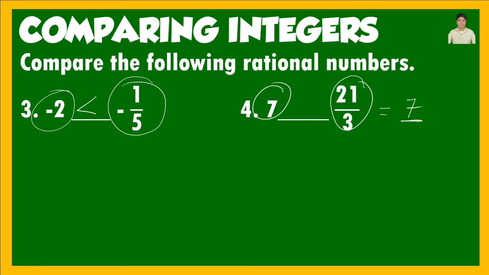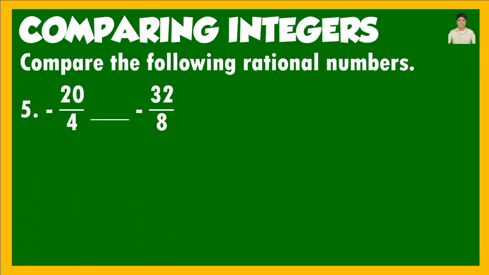So, saktong 7 pong sagot. I-rewrite natin ngayon 7 blank 7. Pareho po silang 7. Pareho din po silang positive. Therefore, the symbol that we are going to use here is equal. Wala po tayong gagamitin na inequality symbol dahil 7 equals 7.